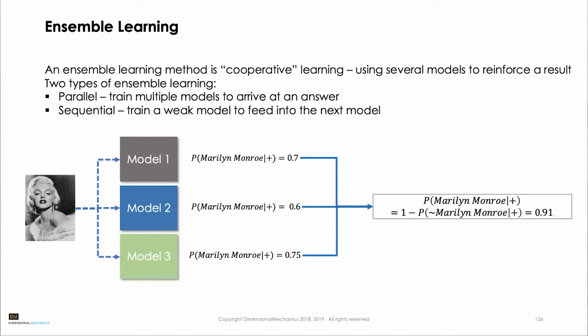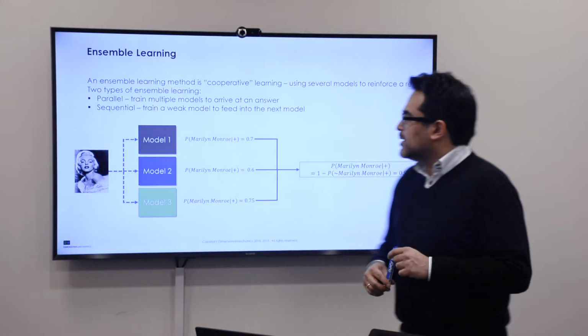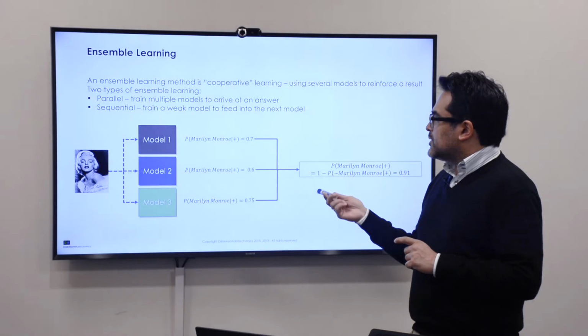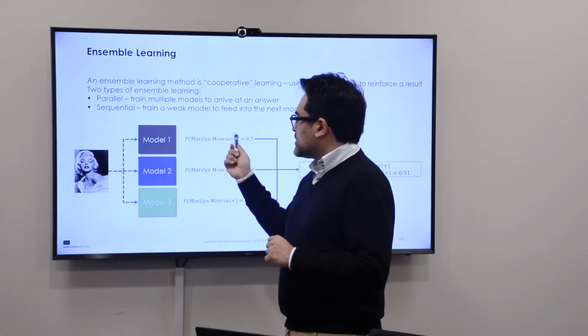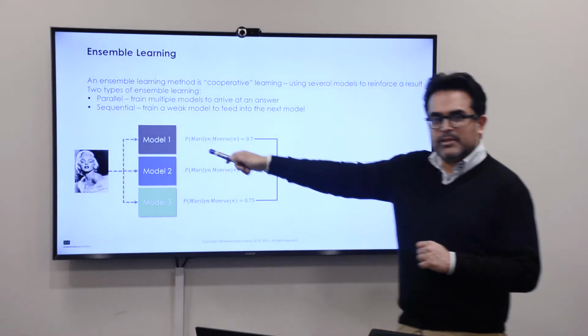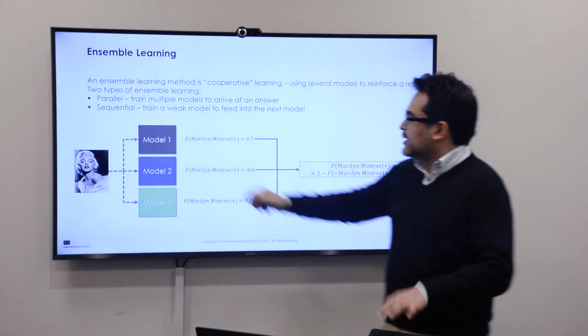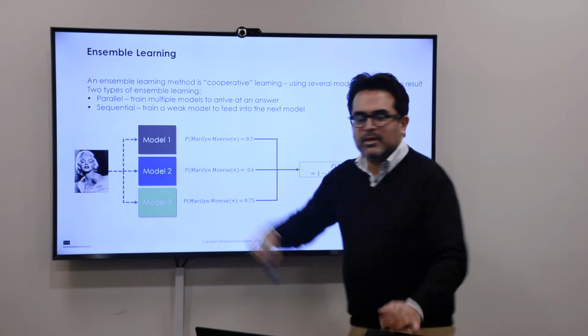Okay. So another thing that you'll hear about is ensemble learning or cooperative learning. The way to think about it is, instead of building one model, you build a bunch of different models. And what you're trying to do is, assuming that you get a positive response, find the probability. This p-value, by the way, is a conditional probability, and the way to read it is the probability that if this condition is reached, then this condition is true.